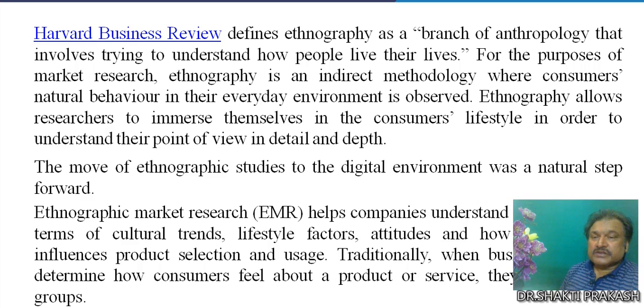Ethnography allows researchers to immerse themselves in the consumer's lifestyle in order to understand their point of view in detail and depth. Moving ethnographic study to the digital environment is a natural step forward. Harvard Business School has given this.